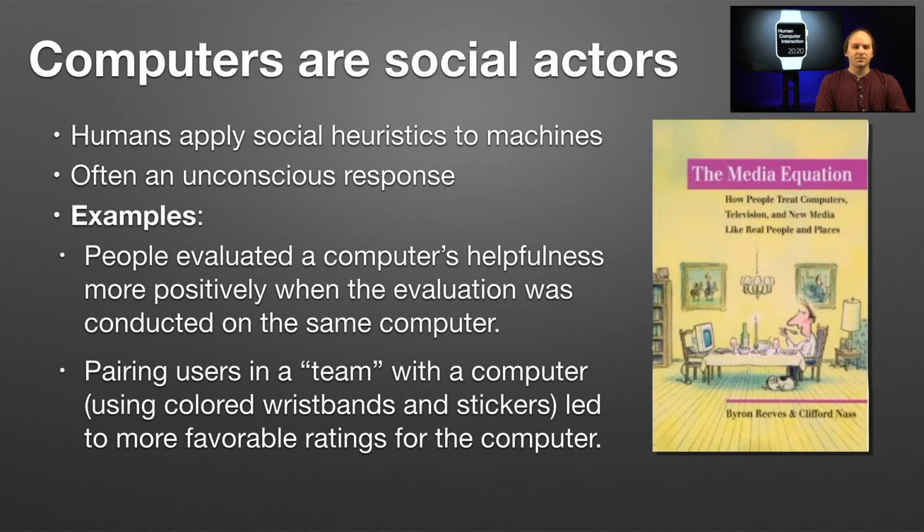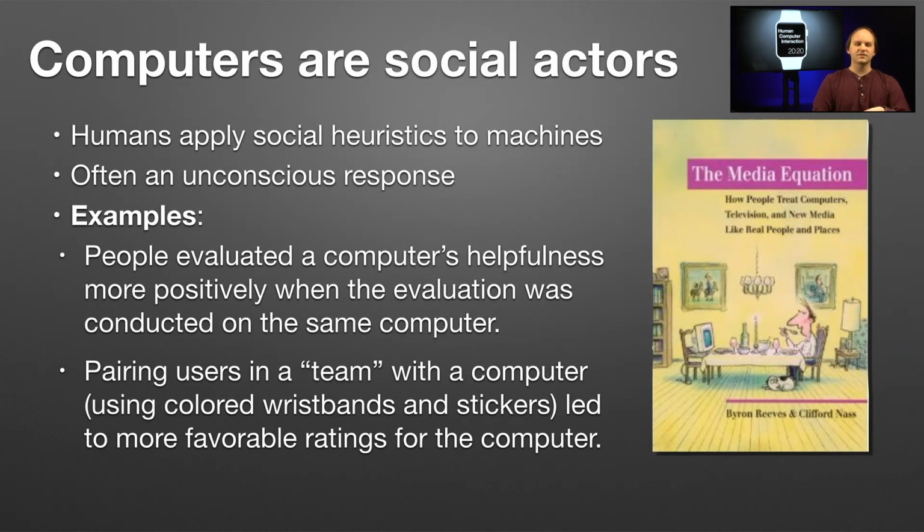This is a book called The Media Equation, and it sums up quite a few research studies and papers, with the headline being that computers are social actors. The go-to heuristic here is that people will try to treat things in a social way with just the tiniest cues. And this applies to technology, computers and machines.